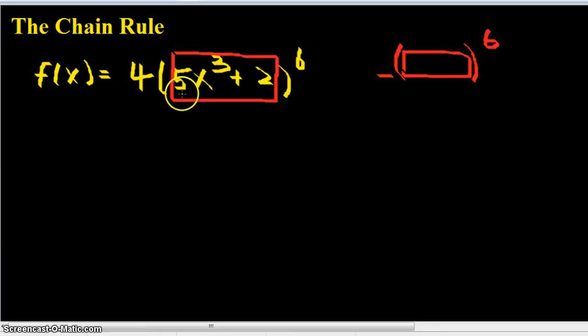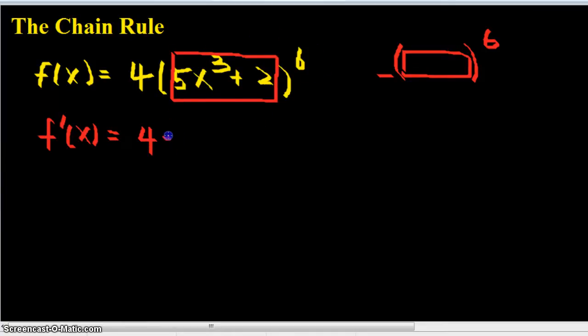Okay, so let's apply the chain rule. Now my f prime, and we need to be very careful with the notation in this chapter, my f prime, which is the derivative, is simply: the 4 is just going to stay there, and we apply the simple power rule to the box.